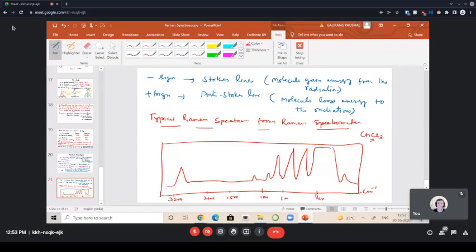We have 300 here. This is a typical Raman spectrum which has been observed experimentally for the symmetric top molecule CHCl3.